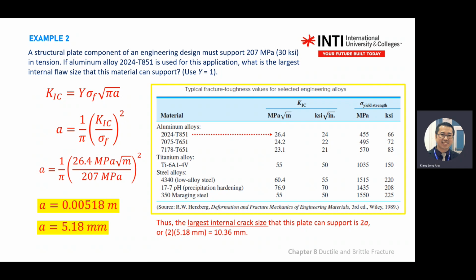Once the cavity grows, it will grow into a bigger crack size, and then it will fracture.